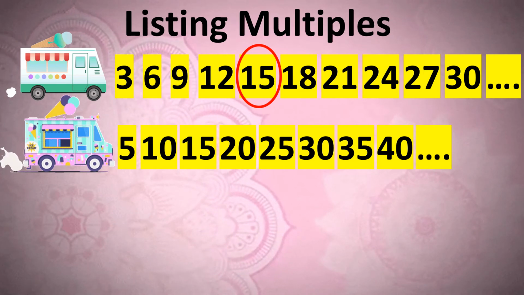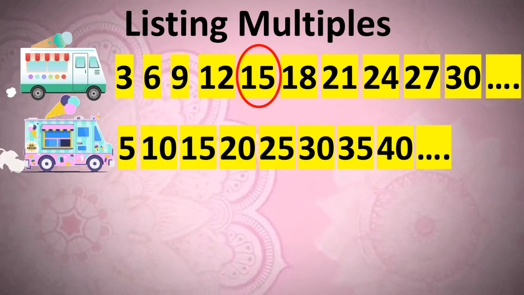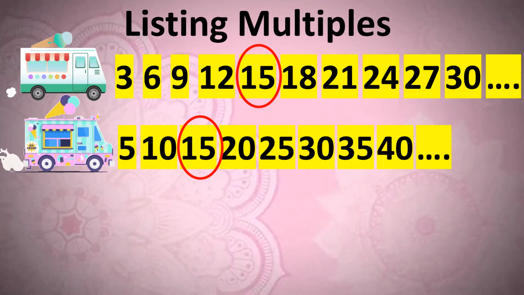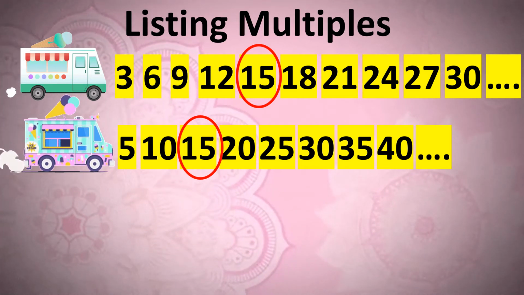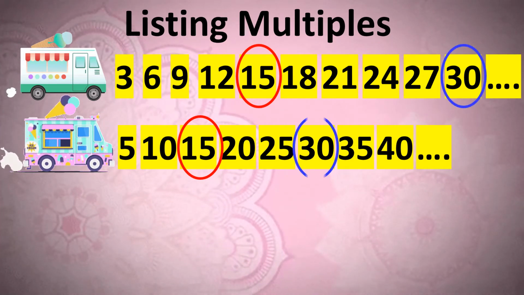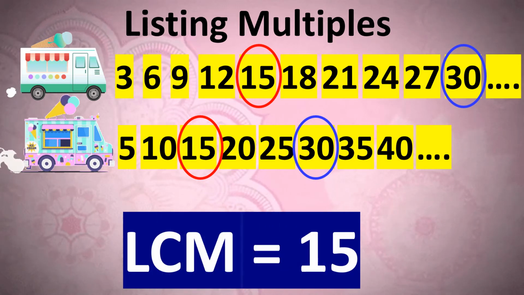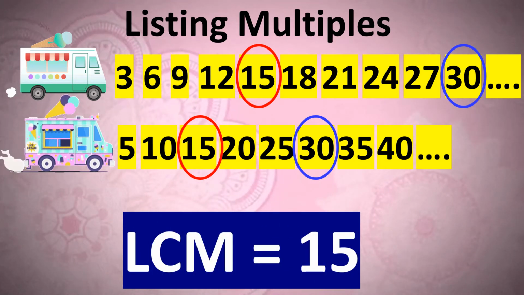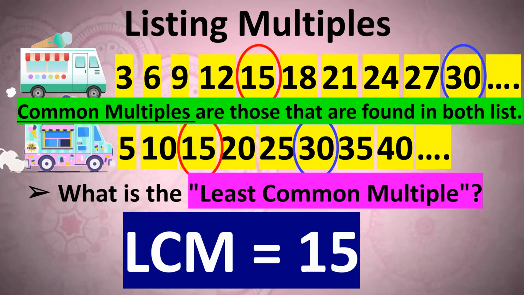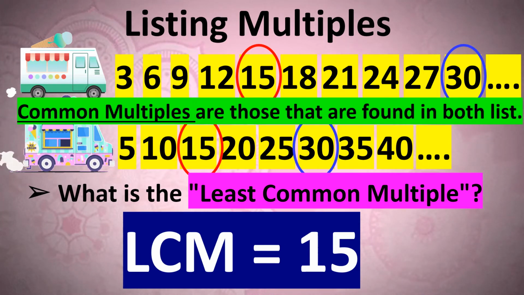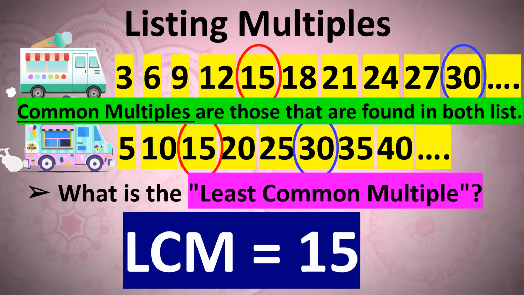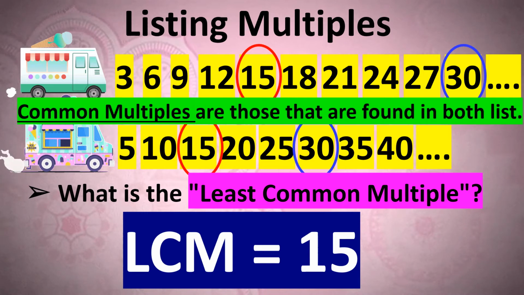So now, class, if you look at the multiples lists, we will notice that we have a common number here, which is 15. Another common number is 30. So the least common multiple here is the lower number, which is 15.